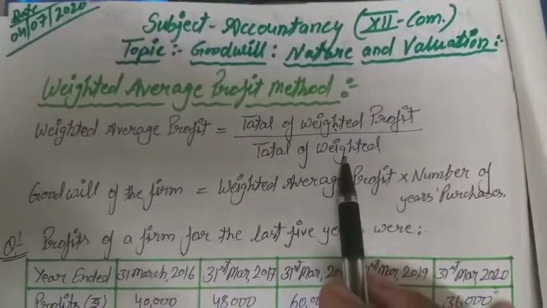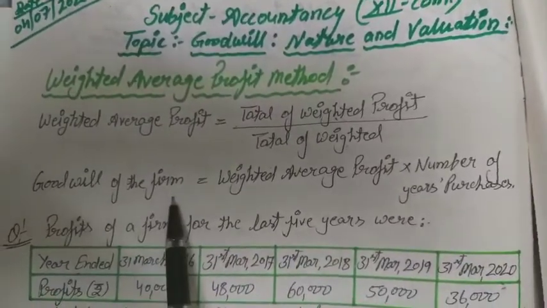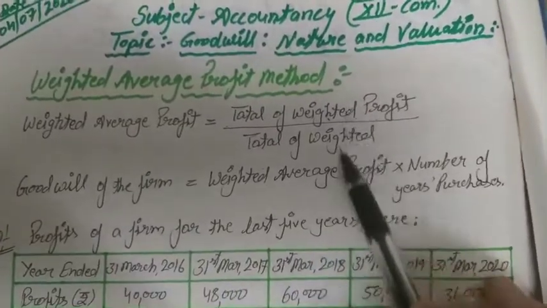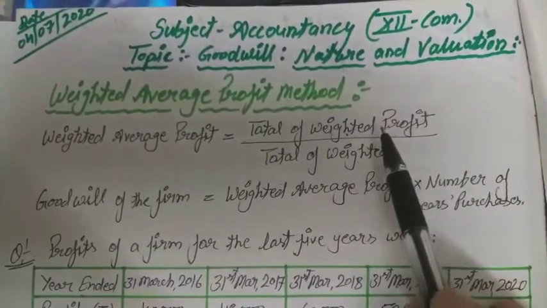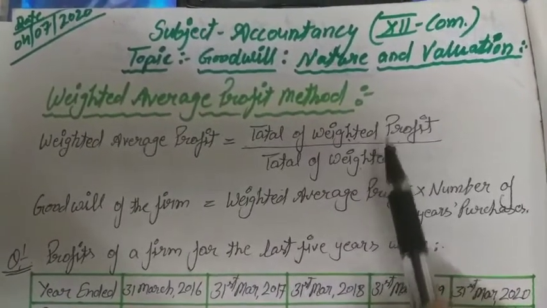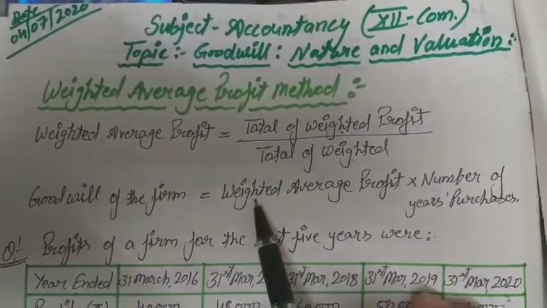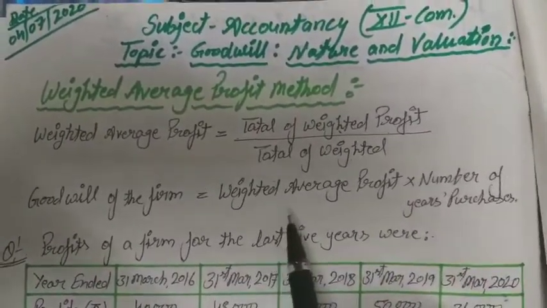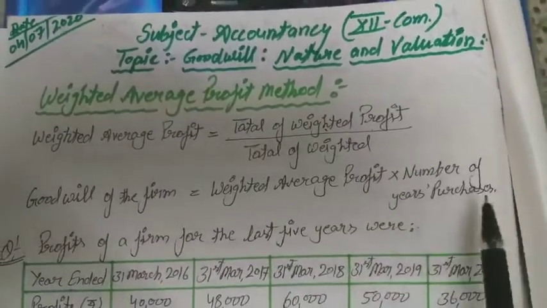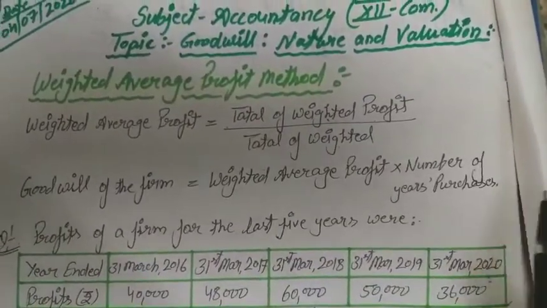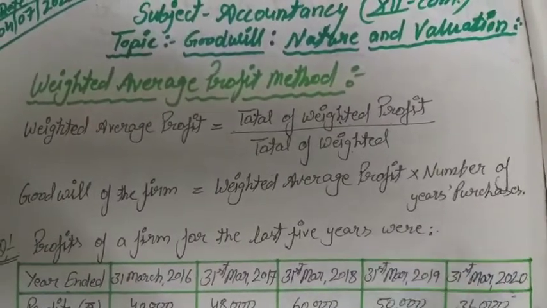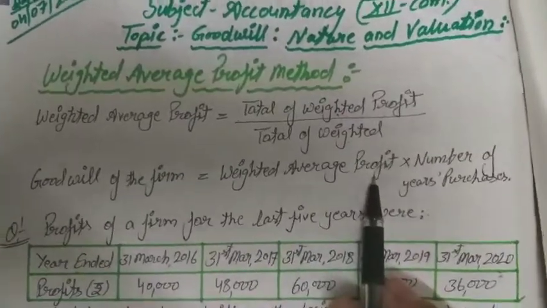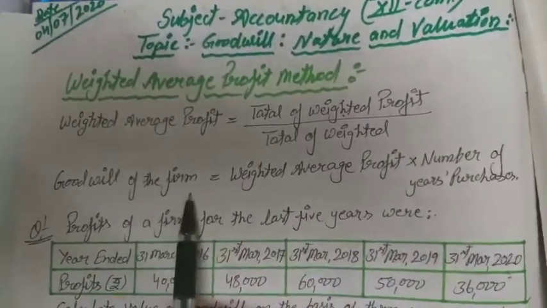Okay, and goodwill of the firm: whatever amount we calculate from this formula as the weighted average profit, we write here, weighted average profit multiplied by number of years' purchase, as we did in the simple average profit method. It means we multiply by the number of years' purchase, whatever is given in your question, and then we can find the goodwill of the firm.